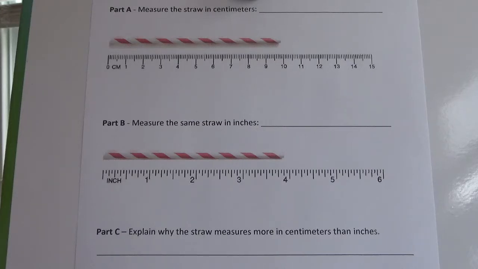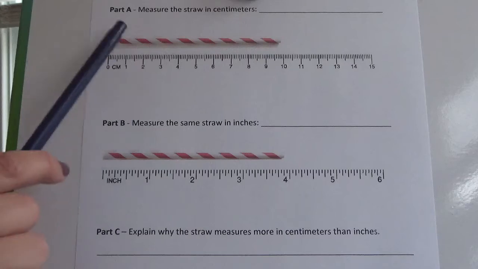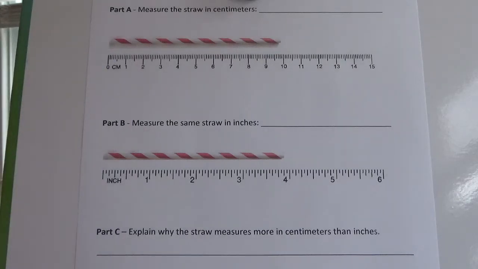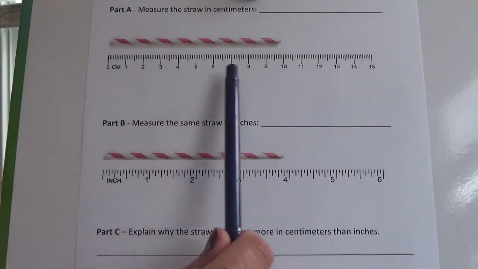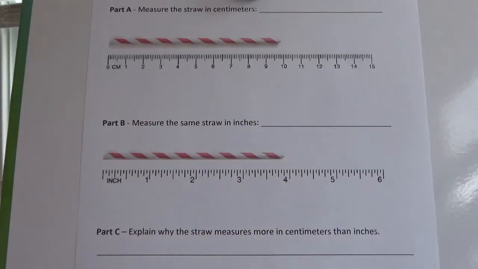So for part A and part B, we have a straw. It's the same exact straw, and for part A, your job is to measure the straw in centimeters. There is a centimeter ruler right underneath. And then for part B, your job is to measure the straw in inches, and I provided an inch ruler right underneath.